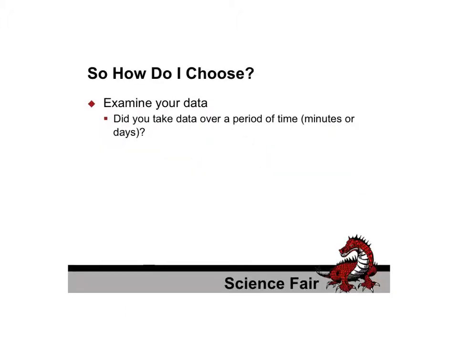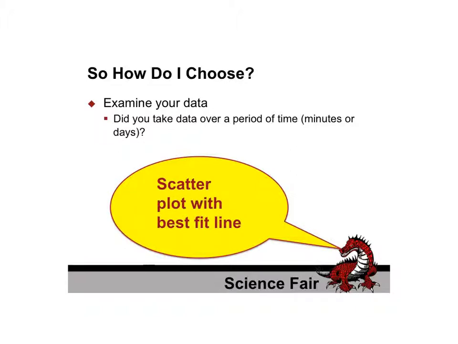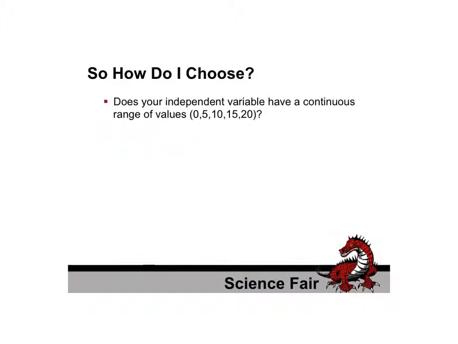So how do you choose what you do? If you take a look at your data, did you take data over a period of time? Often then what you're going to want to do is take a scatter plot with the best fit line. Did you have a continuous range of values?